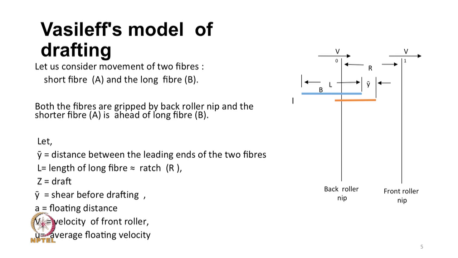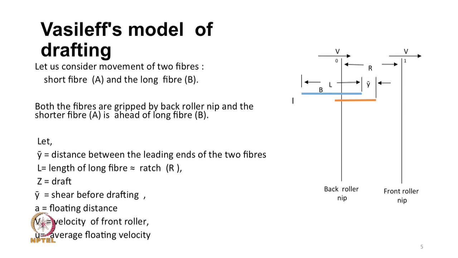The front rollers are moving at a velocity v1 and the back rollers are moving at a velocity v0. The distance between the two nips is equal to capital L, that is the length of the fiber, and this distance is also known as ratch.